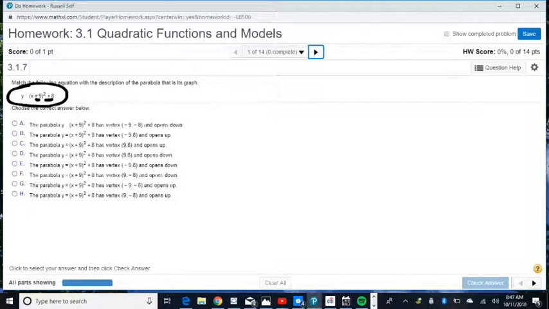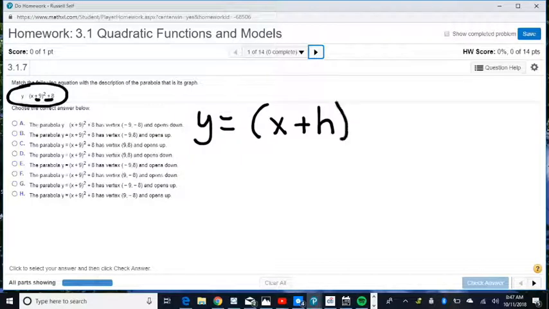Because it's in this specific format, notice that it's in parentheses, then you have your x plus some h, where h is just any number, right?